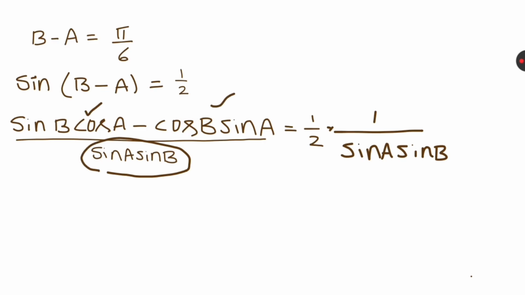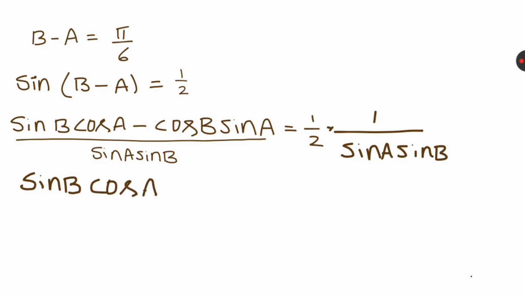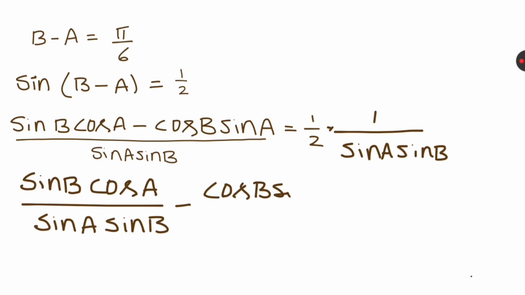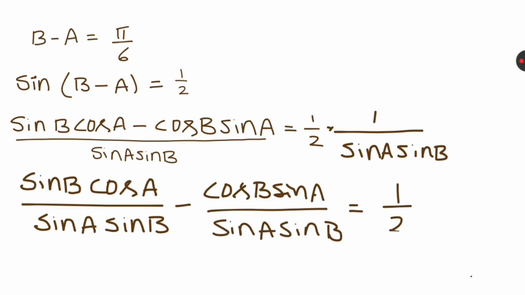So we can write individually, isn't it? Sine B cos A divided by sine A sine B minus cos B sine A divided by sine A sine B, that is equal to 1 over 2 times 1 over sine A sine B.